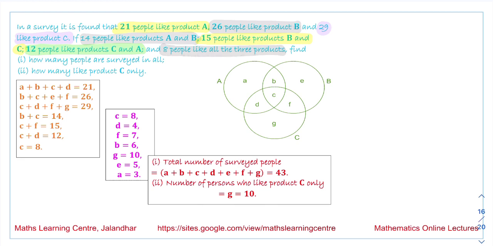So if we draw the Venn diagram over here, this is the set A, this is B, and this is C. We have marked the number of elements in the regions over here.